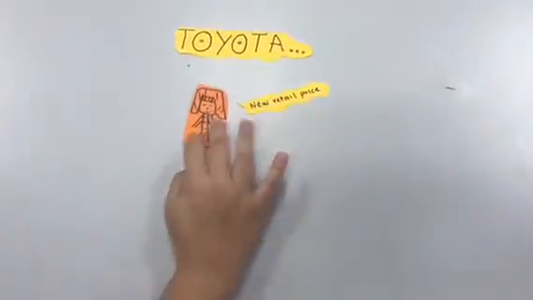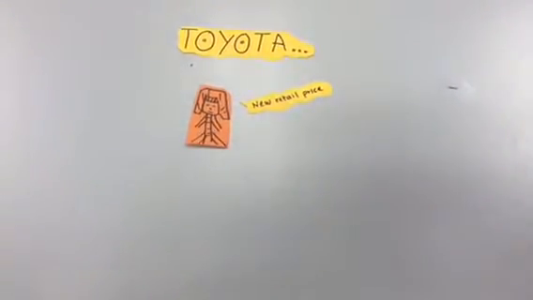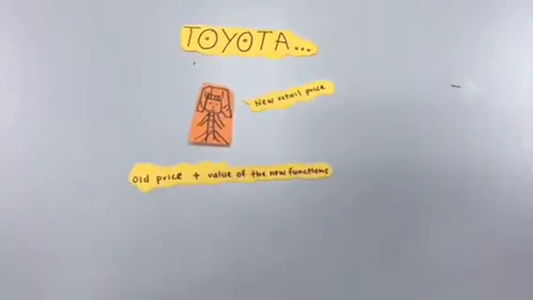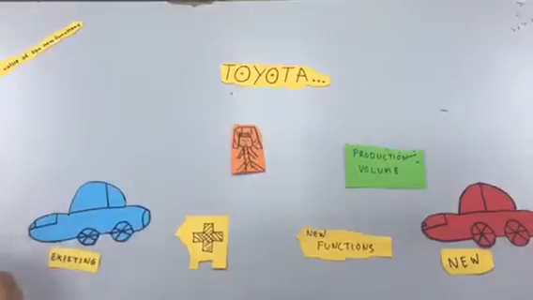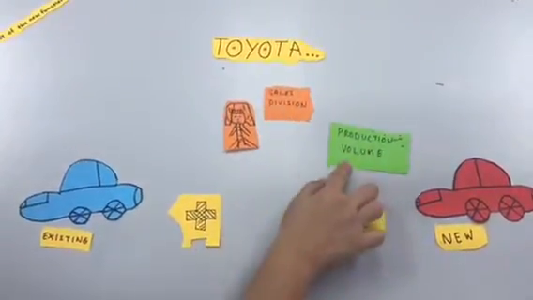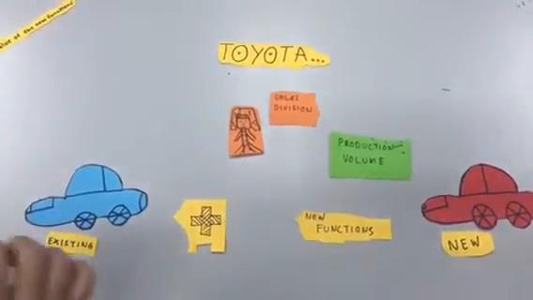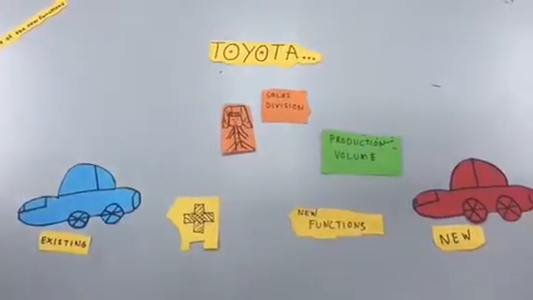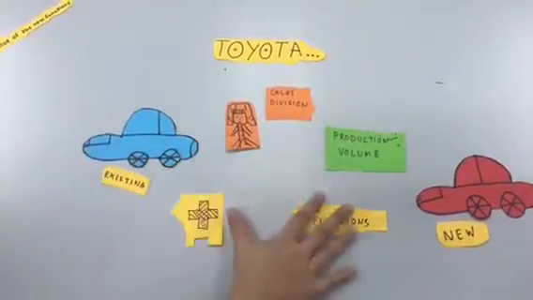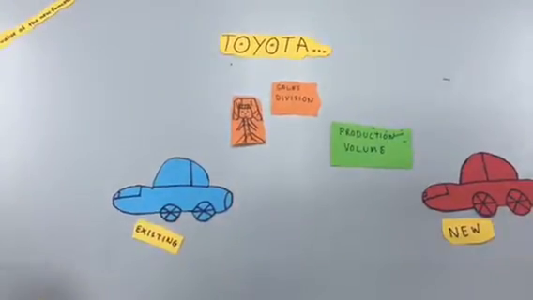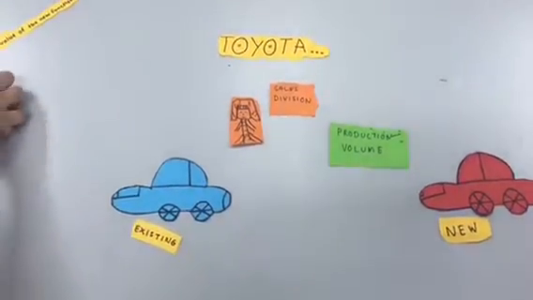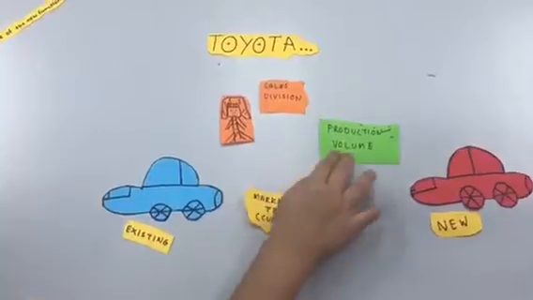In the first stage, Toyota decides what will be the new retail price by adding the old price and the value of new functions. And then the sales division comes up with a suggested production volume by taking past numbers and indexing them to the current market trends.